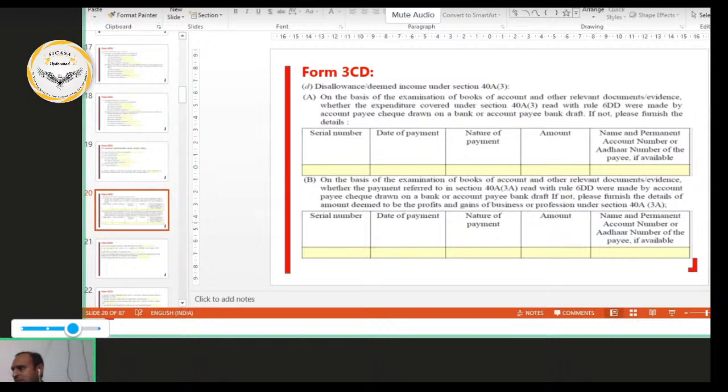Okay, just give me a second. Yeah, is it visible now? At least 3CD 40A3. Yeah, right. Okay. No, in my screen it is appearing differently, so that's the reason. Okay, fine.